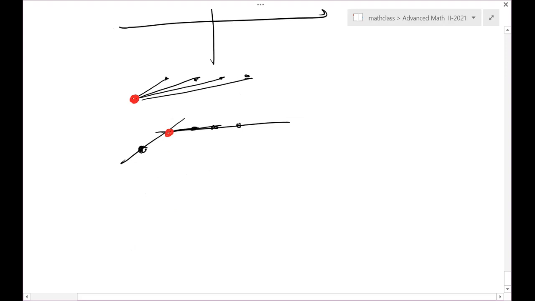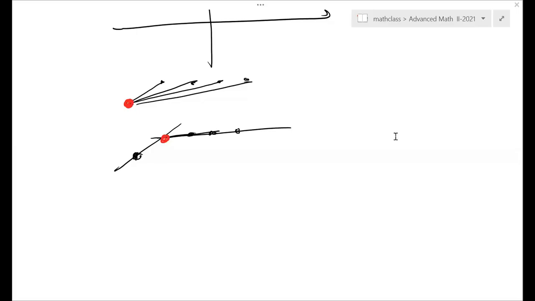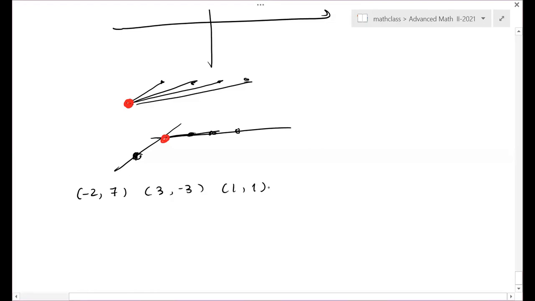So I'm going to randomly pick this point. Let me write down the 3 numbers first and compare those two.